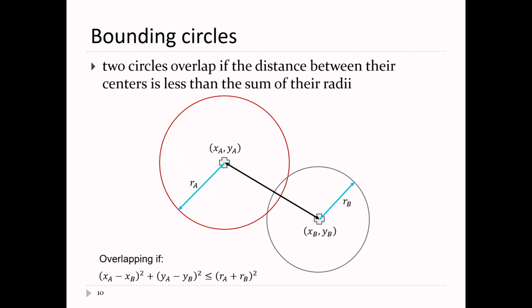If the distance between these two points is less than the sum of the two radii, then you know they must be overlapping. In other words, if you compute (xa minus xb) squared plus (ya minus yb) squared, that's the squared distance between the centers. If that's less than the squared sum of the radii, then you know they're overlapping. So that's an easy test to perform. You want to use the squared distances here because square root is a relatively expensive operation.